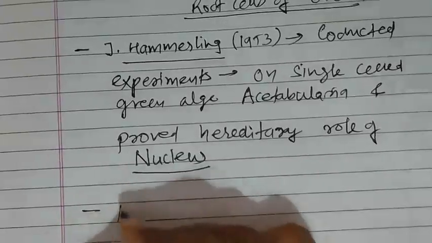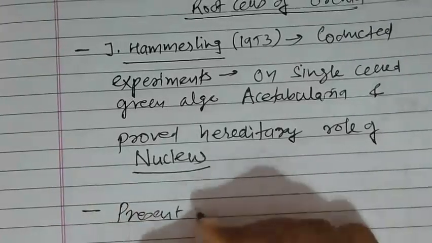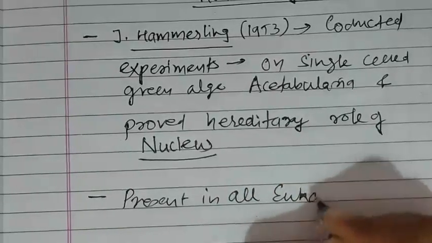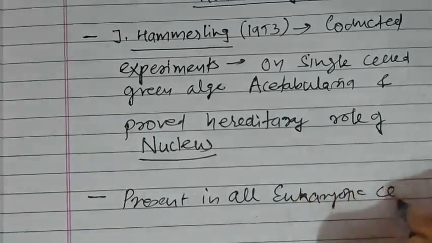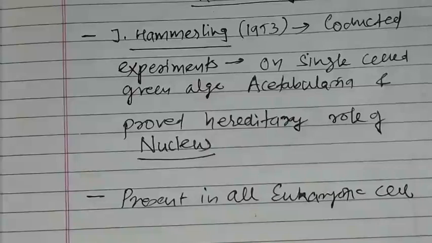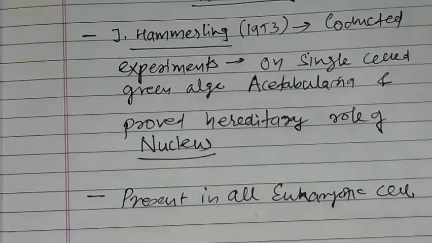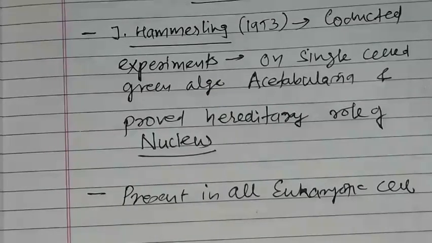It is present in all eukaryotic cells. Now some cells contain a nucleus when they are young but it degenerates when the cell matures.